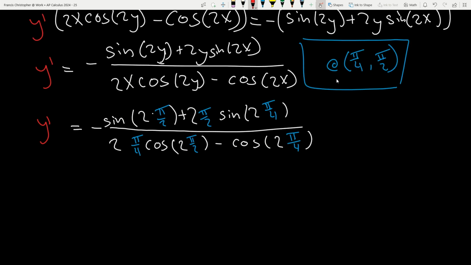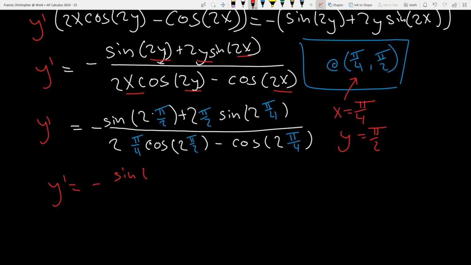Now remembering that we're plugging this in at pi over 4 comma pi over 2, which is what we want to find the slope at. So this is the point of tangency, right? We want to find the slope. So x equals pi over 4 and y equals pi over 2. So we just plug in pi over 4 for every time we see an x, here and here and here, and then y, here, here, and here. And this is what you get, and then we'll go through together.